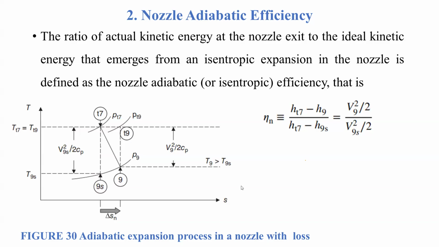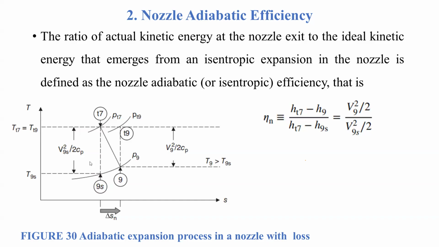So these are represented, and the kinetic energy per specific heat at constant pressure is here for the exit condition. For the s condition and the 9 condition, the kinetic energy per Cp is given here.